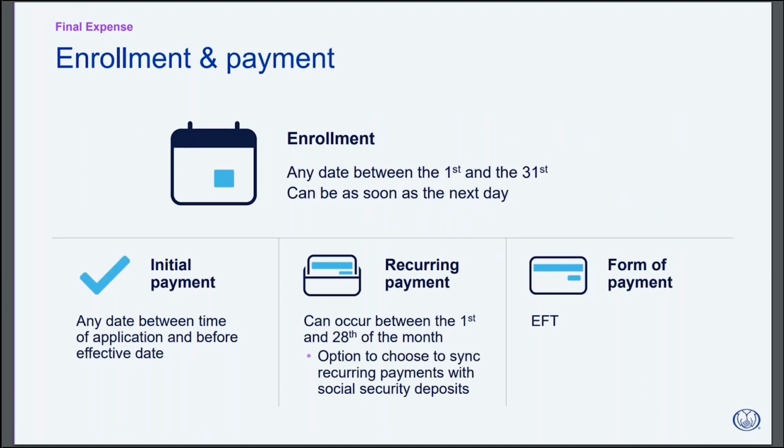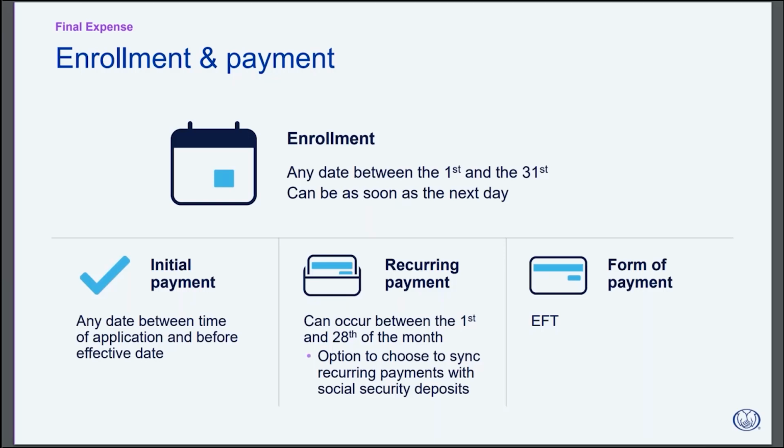All right, so enrollment and payment. Enrollment dates between the 1st and the 31st can be as soon as the next day. Initial payment can be made any date between the time of application and before the effective date.